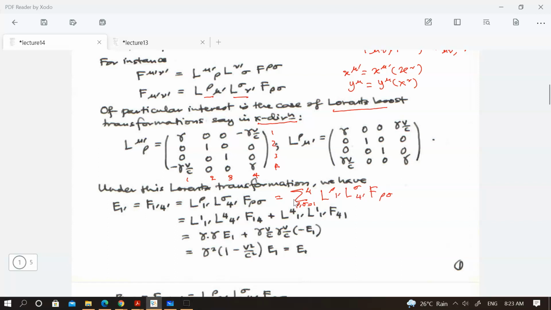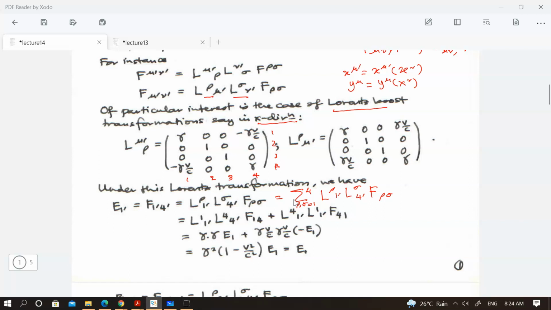So you have to sum over all possible cases. How many terms will there be? For each index there will be 4 terms, so 4 times 4, there will be 16 terms. But of course, not all 16 terms will be non-zero.